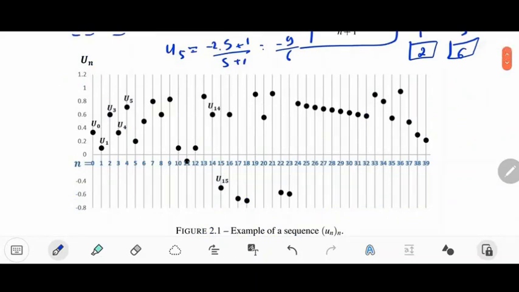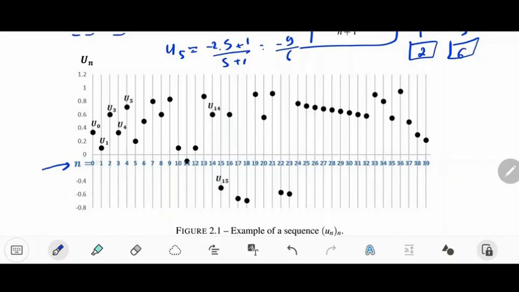Now I will use this kind of representation to show the shape of a given sequence to understand its behavior. So here I will represent the number of the box, let's say the index n. From now on I will be using the index n. So here I will show the index n: 0, 1, 2, 3, etc. And for each index n, I will show the value of the element of index n.